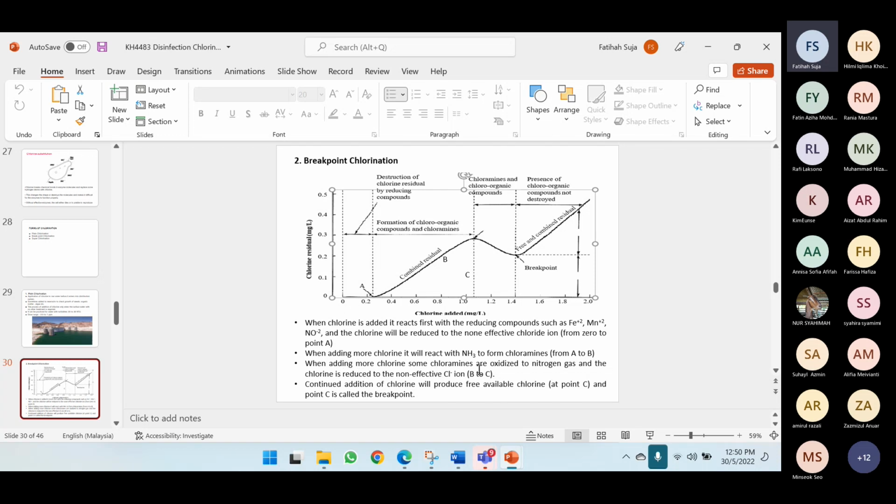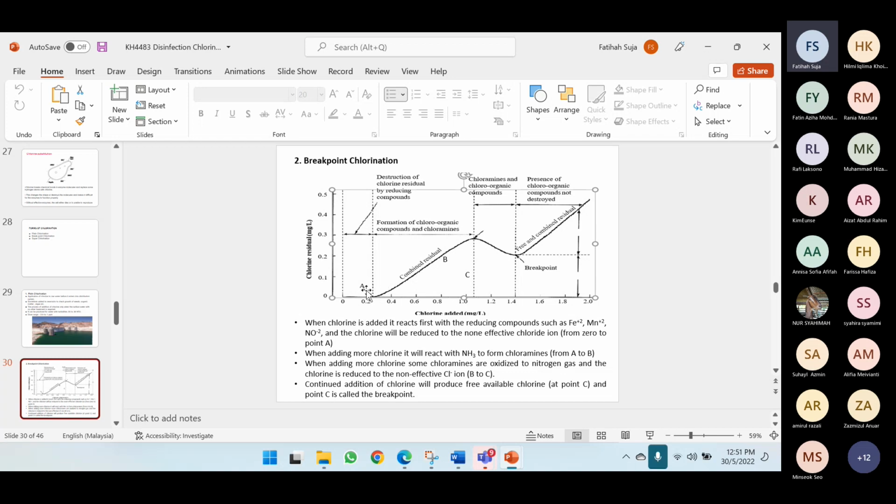When adding more chlorine, some chloramines are oxidized to nitrogen gas, and the chlorine is reduced to the non-effective chloride ion from B to C. Actually C is here, the breakpoint. Continued addition of chlorine will produce free available chlorine at point C, and point C is called the breakpoint.